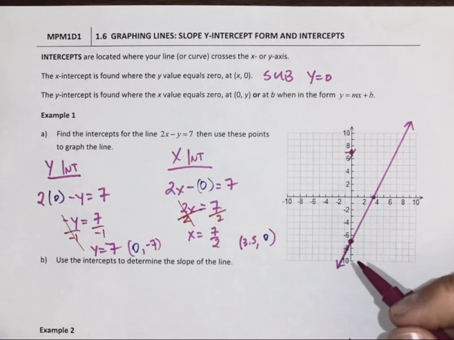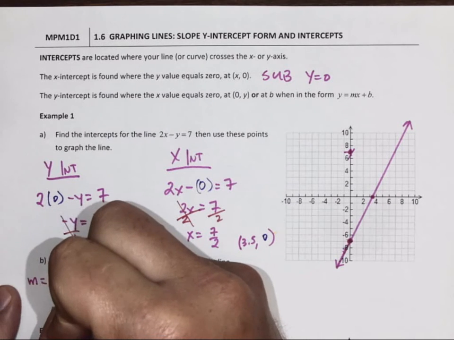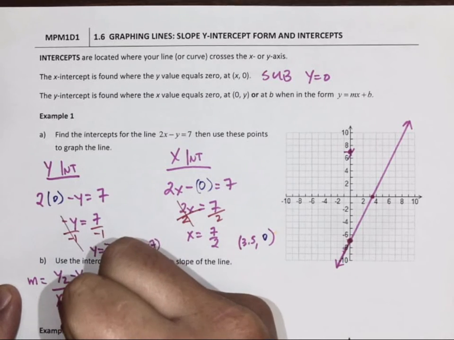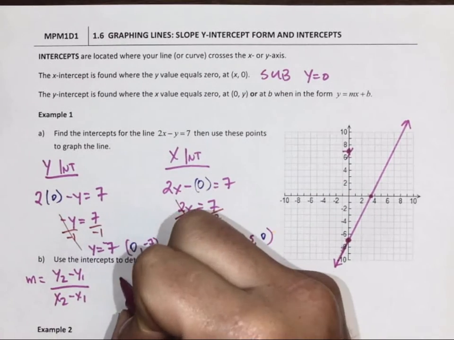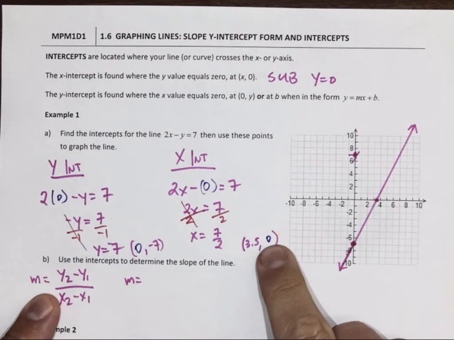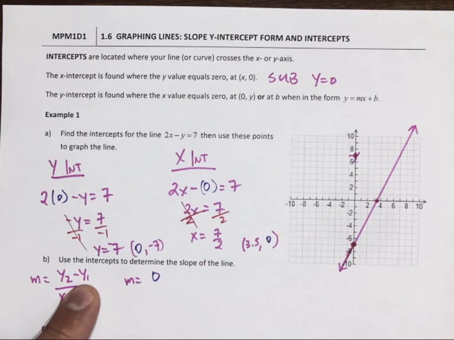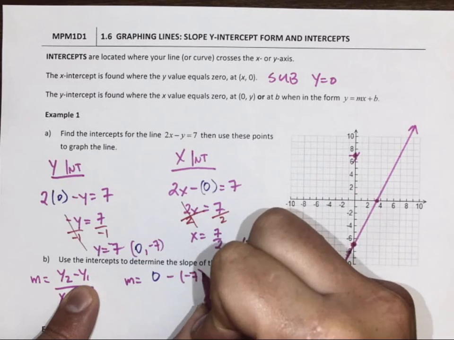Whew. Okay, slope of a line. Remember that? The rise over the run, or the change in y over the change in x. So let's sub in what we know. y2, 0, minus y1, so minus negative 7.